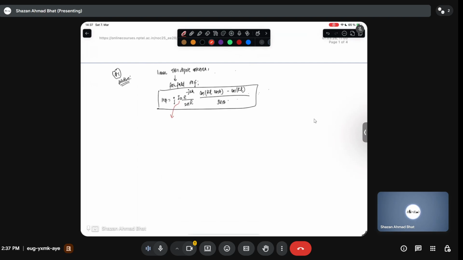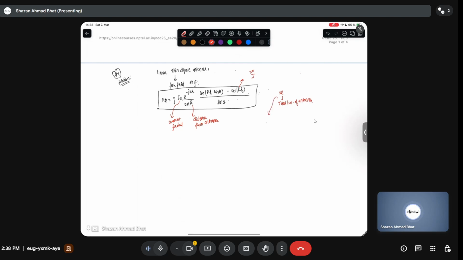What are the other things? This I naught is essentially the current fed to the antenna. r is the distance from the antenna, k is 2 pi over lambda, and 2l is the total length of the antenna.